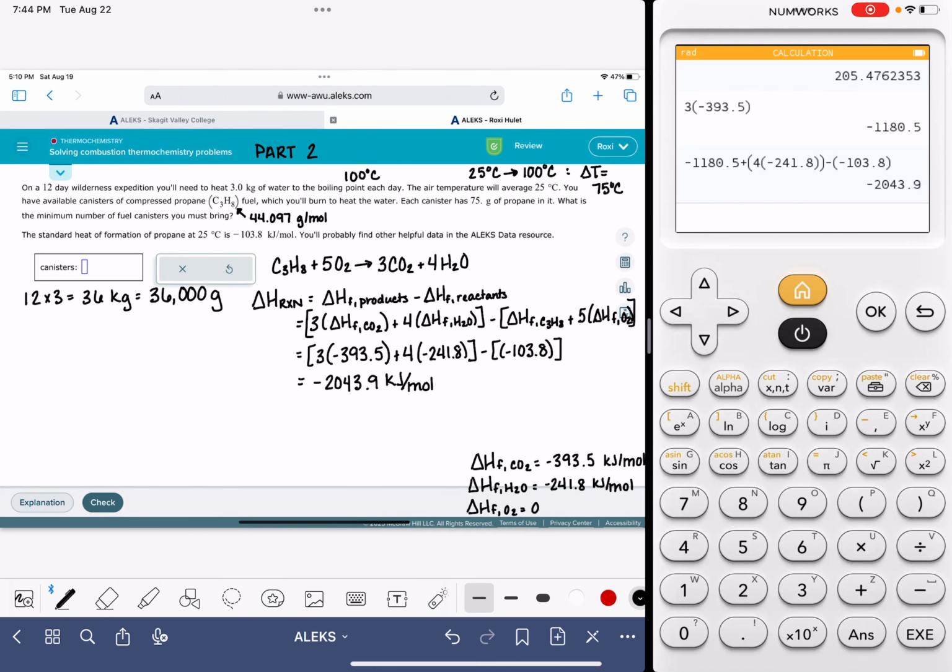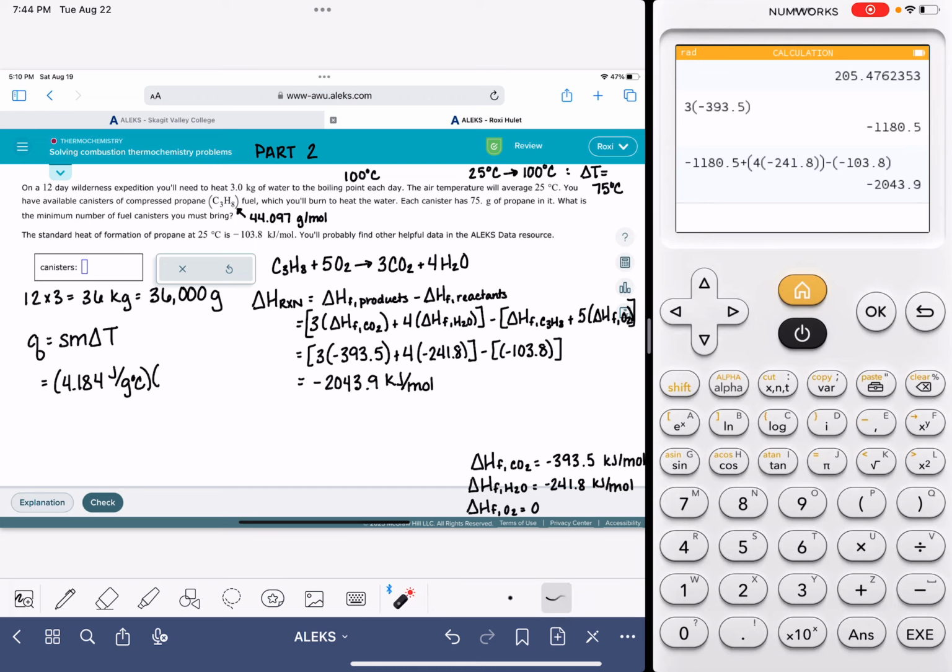The way that we're going to do that calculation is using the Q = SmΔT equation. This equation is going to tell us the amount of heat that is necessary to raise a specific amount of an object by a particular change in temperature. In this equation, S is the constant, the specific heat capacity. For water, the value of S is 4.184, in units of joules per gram degrees Celsius.